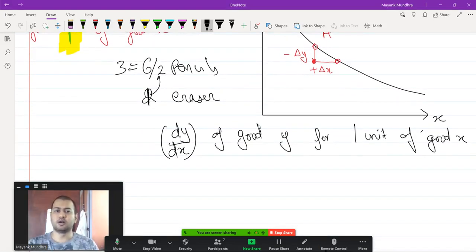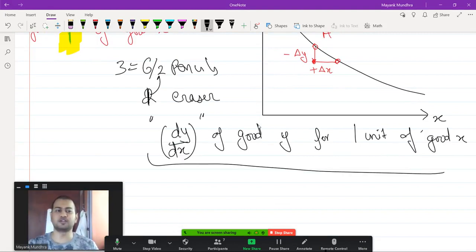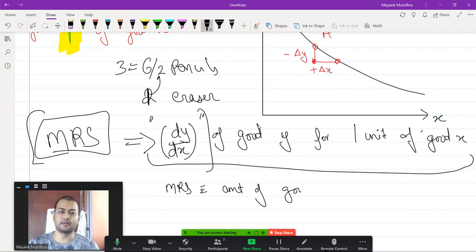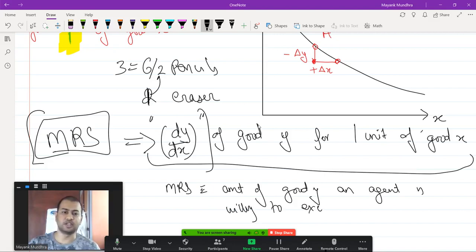So this is the definition of MRS. MRS is the amount of good Y an agent is willing to exchange for 1 unit of good X.